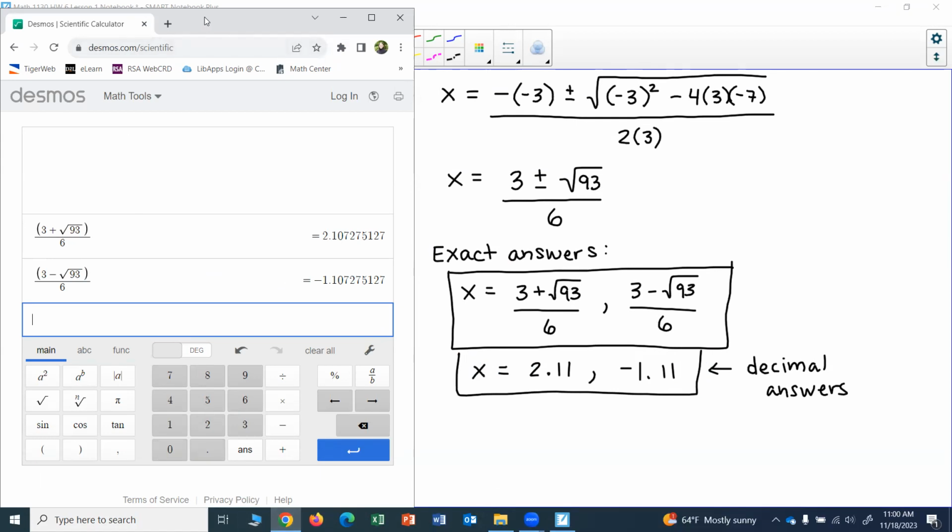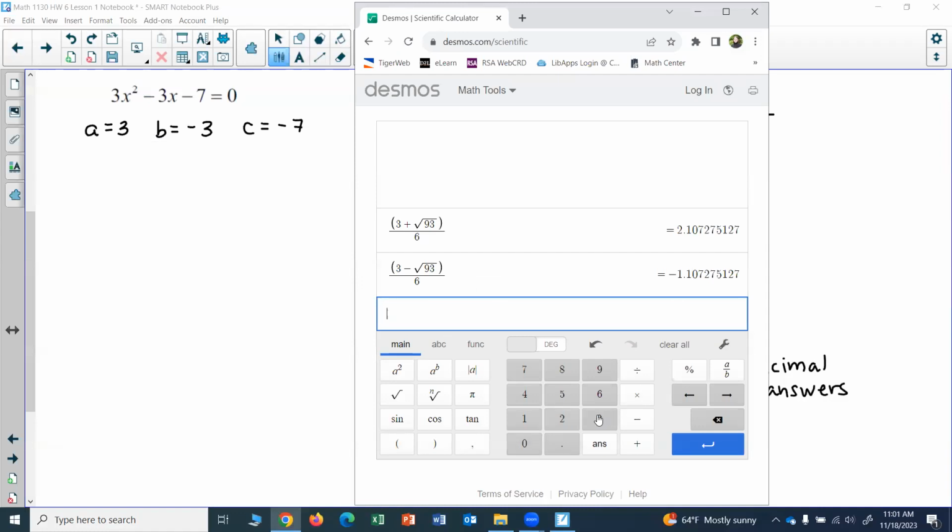So I have 3x squared minus 3x minus 7. So I'm going to do 3 times 2.11 squared minus 3 times 2.11 minus 7. And again, it's not going to come out exactly 0, but it comes out pretty close.